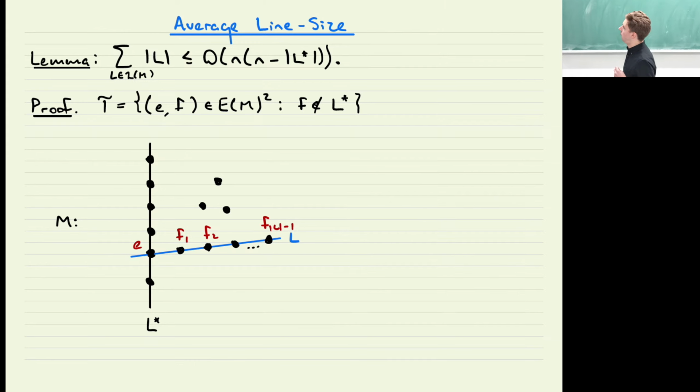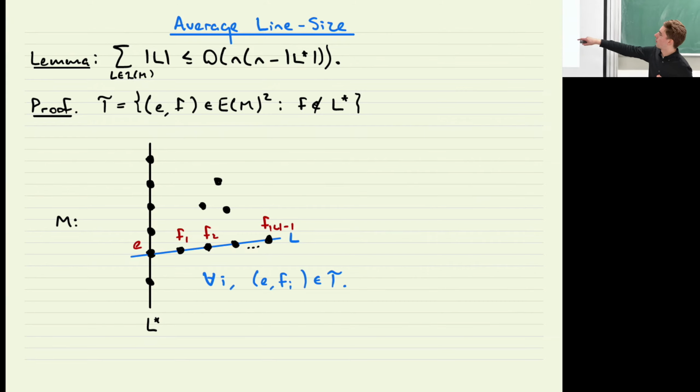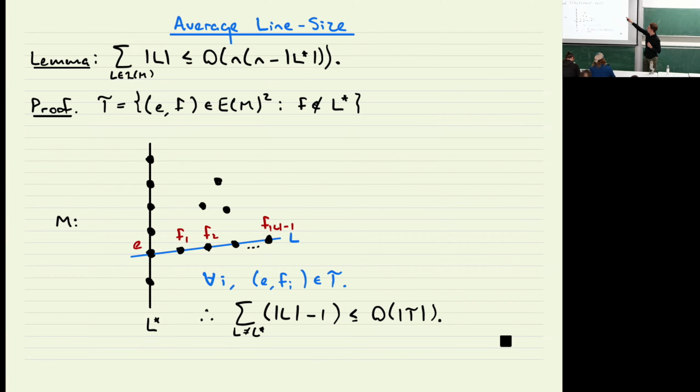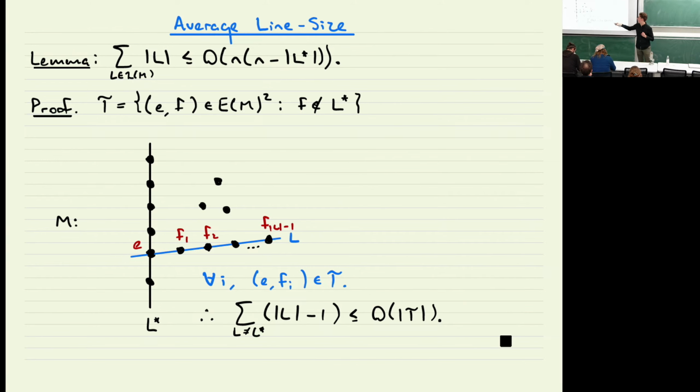But in this case, you just fix its point in L star, and then go through each of the other points here, and they're all in script T. So the point is that because for each line you're getting at least its size minus 1 pairs contributing to this count here, you get that this aggregate size of L minus 1 is bounded above by the size of script T. I'm not counting the big line L star here because L star doesn't give you any pairs, but that's fine because that line can't hurt us on its own.